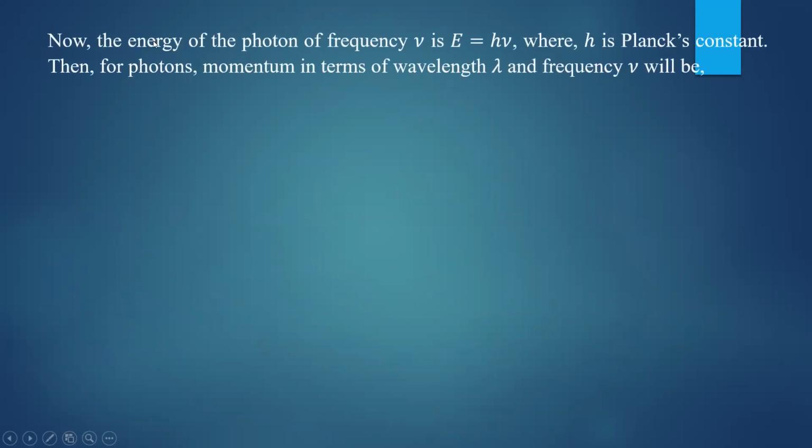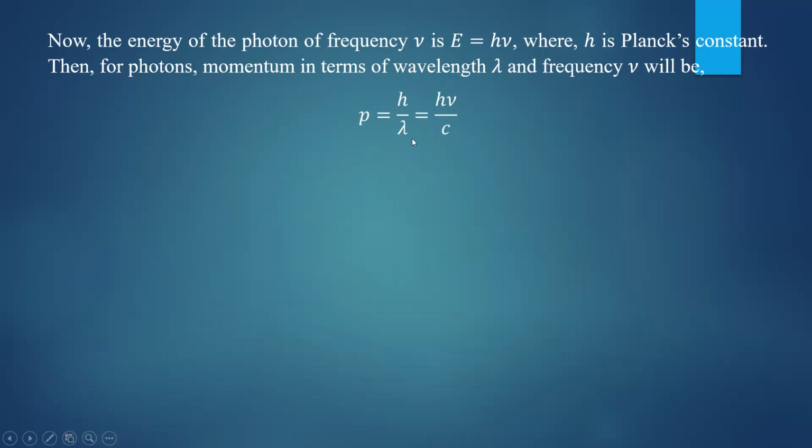Now the energy of a photon of frequency nu is given by E equal to h nu, where h is Planck's constant and nu is the frequency of that photon. Then for photons, you have to express the momentum p in terms of wavelength, and you have to use the de Broglie hypothesis. According to the de Broglie hypothesis, this momentum p is equal to h by lambda.